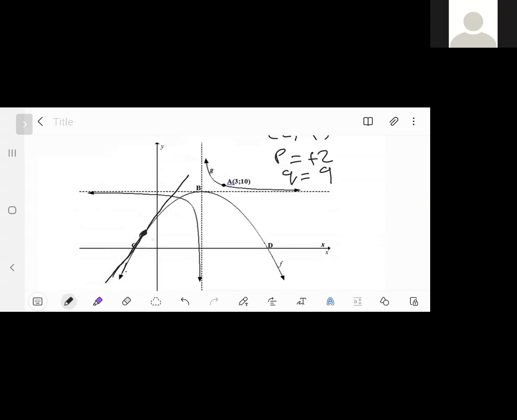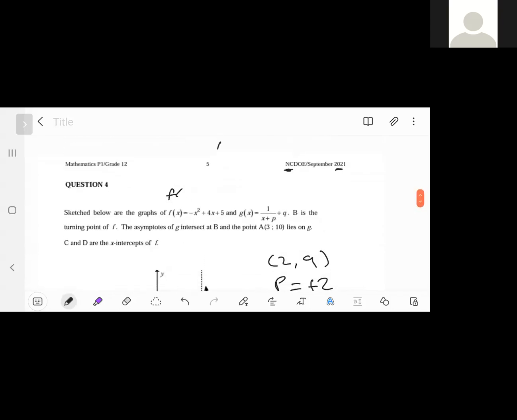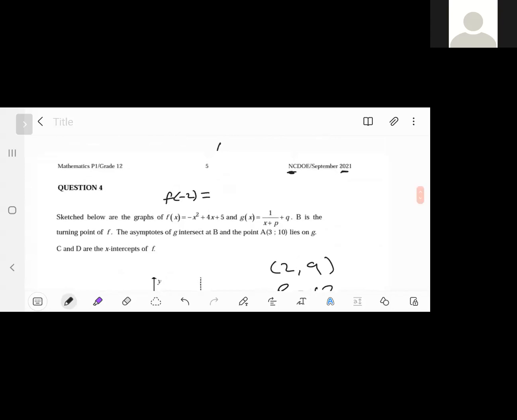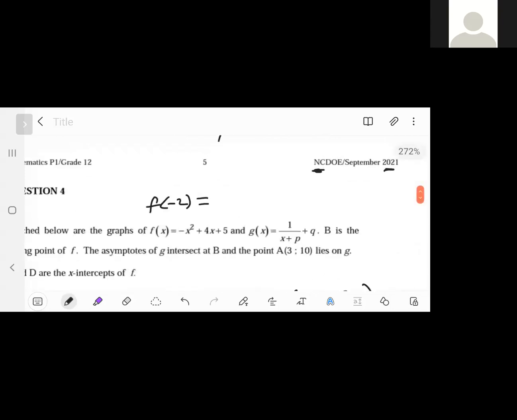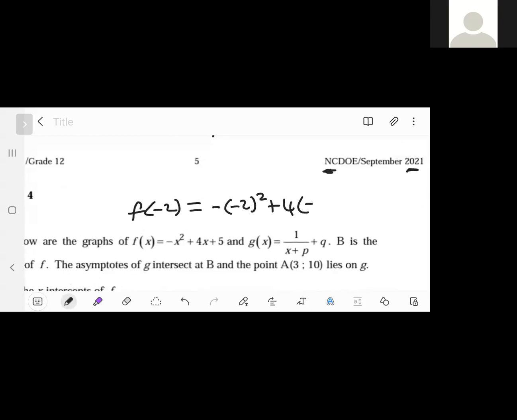So I will want the y coordinate at which x is equal to -2. What is the y? I will take the -2 and put it on the original function, f of -2. F of -2 is -2 squared plus 4 times -2 plus 5.